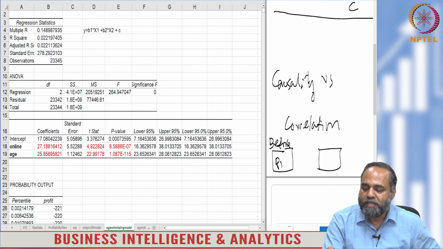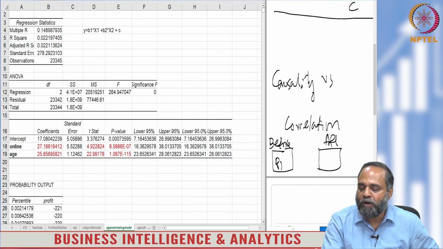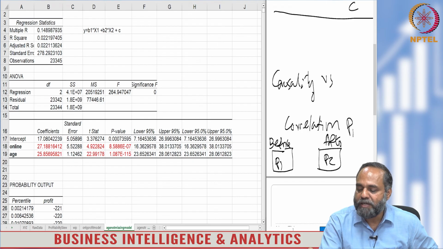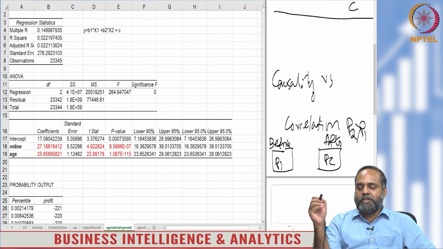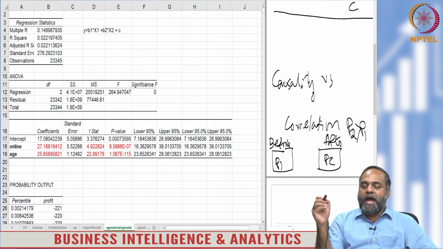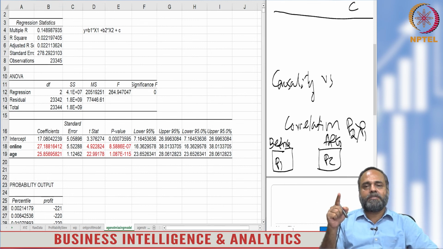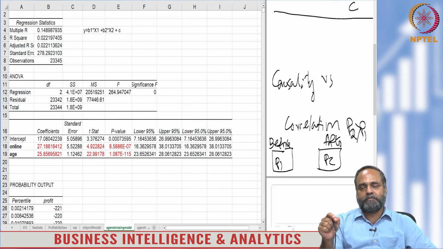Suppose their profitability before becoming online and after becoming online is P1 and P2, and if there is a significant difference between the two, if P2 is significantly higher than P1, then I am more comfortable to infer that online status has made them more profitable.